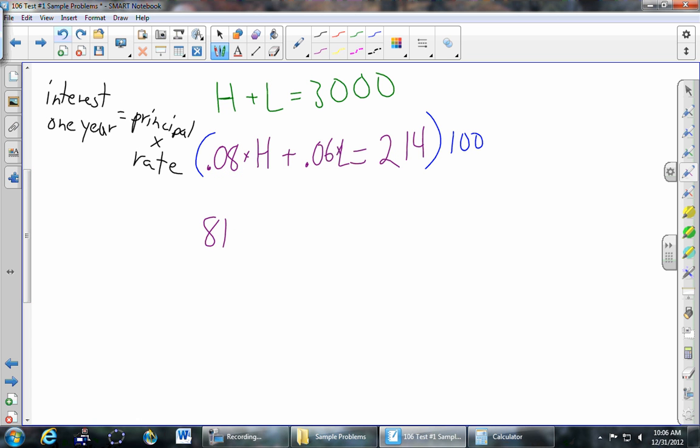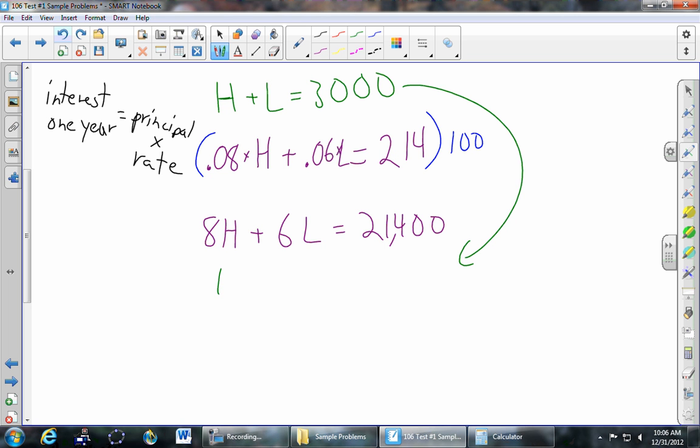So this becomes 8H plus 0.06 times 100 is 6, copy the L. 214 times 100, move the decimal place 2 to the right, which brings 2 zeros into the mix, 21,400. I'll just recopy the equation from here. H plus L is equal to 3,000. So now it's looking much more friendly to me without those decimals.